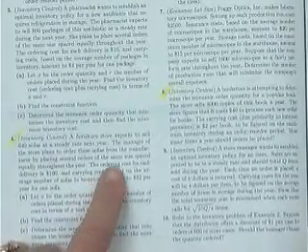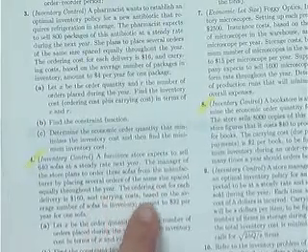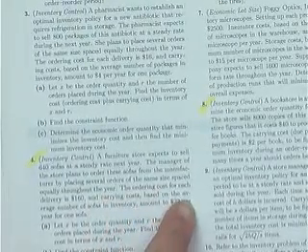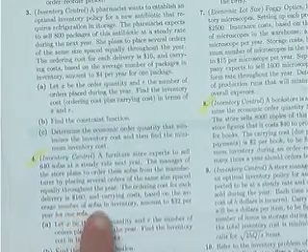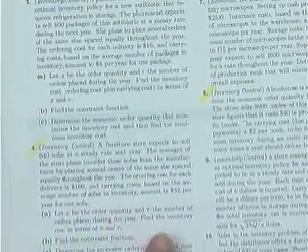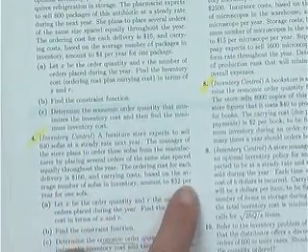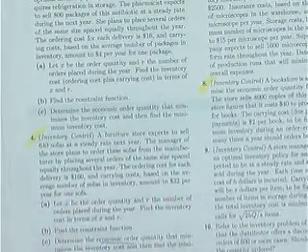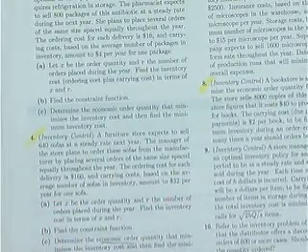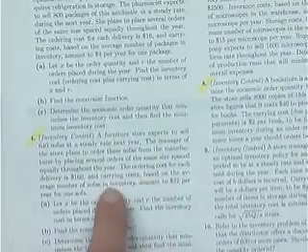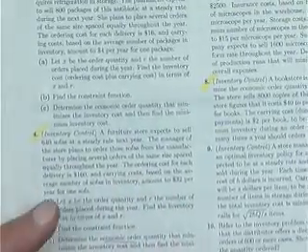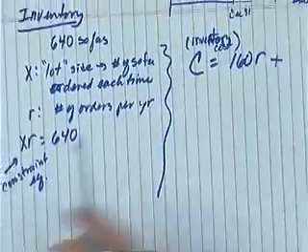Carrying cost. So we got ordering cost, and now we have carrying costs. That's based on the average number of sofas in inventory. That is going to be $32 per year for one sofa. But it's based on the average. All right, let's get this average straight.